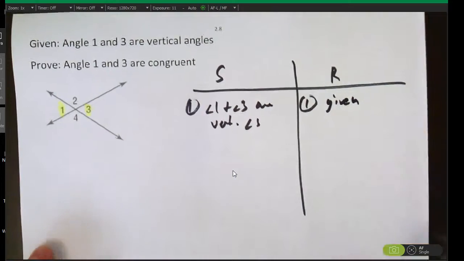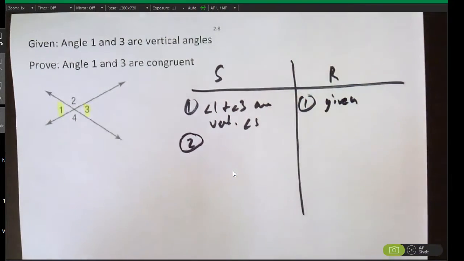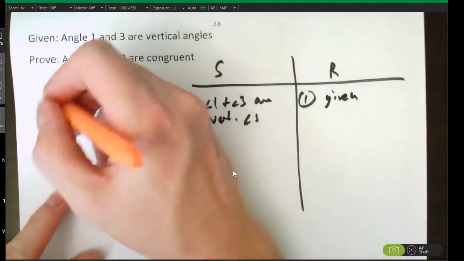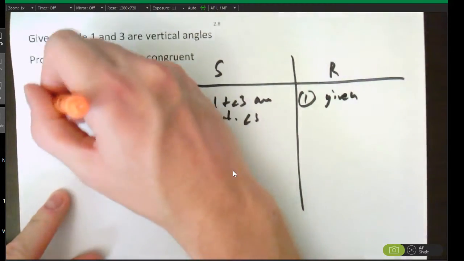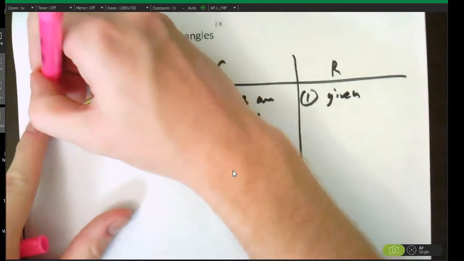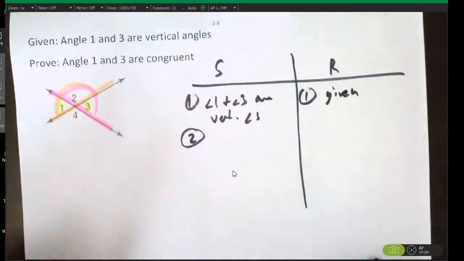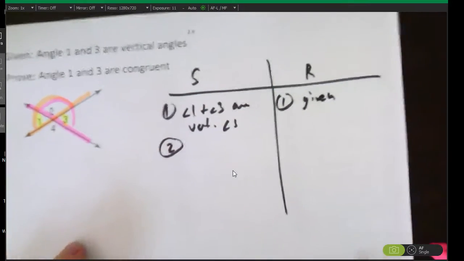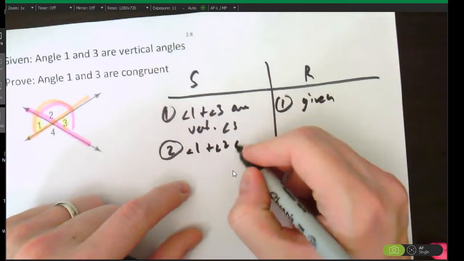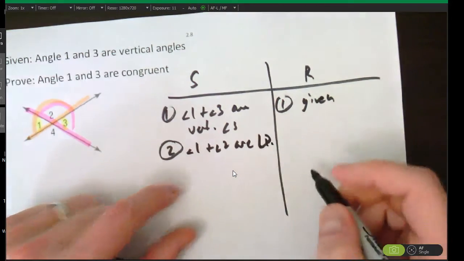Step 2 is this. Angle 1 and 2 form a linear pair, as do angles 3 and 2. So angle 1 and angle 2 are a linear pair, and I just say LP because I'm lazy.